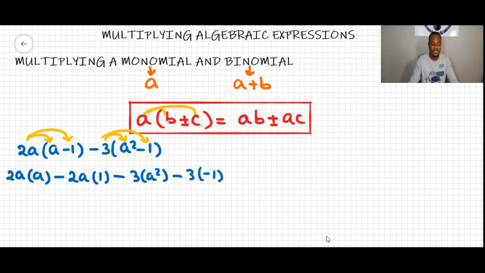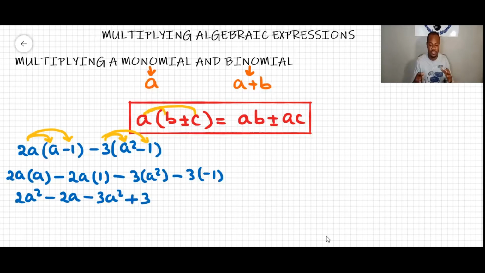Now 2a times a makes 2a squared, 2a times 1 makes negative 2a, and then negative 3 times a squared makes negative 3a squared, and then negative 3 times negative 1 will make positive 3.